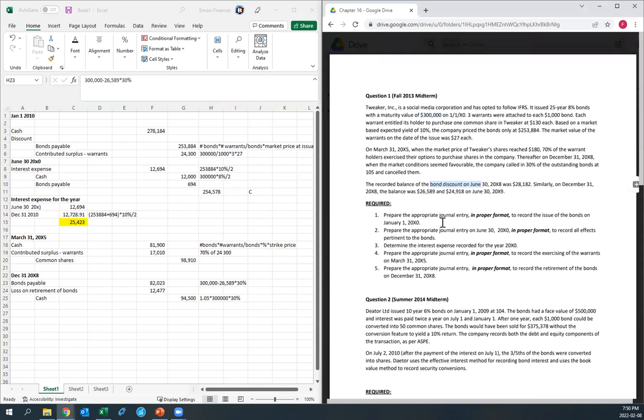So we took the 26,589 and removed that amount from the fair value, right? Because it's a bond discount. Yeah, we remove it from the maturity value. So this is basically what has not been amortized yet in your schedule.